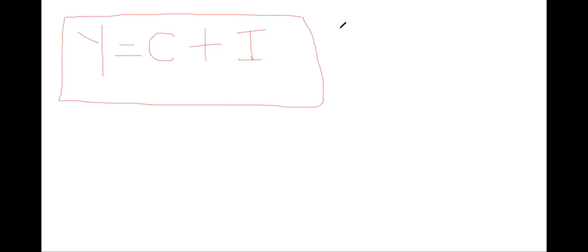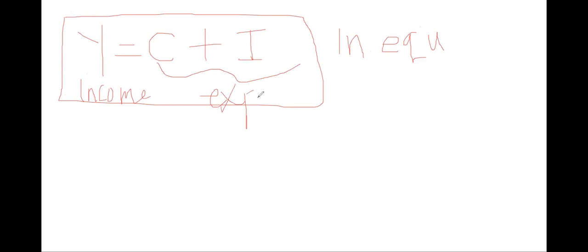Let's look at the simplest model, which equals consumption plus investment. We assume that there is no government sector. So this is the model we have in equilibrium. This is also an equilibrium condition. In equilibrium, Y represents the national income, and these two things represent the expenditure.